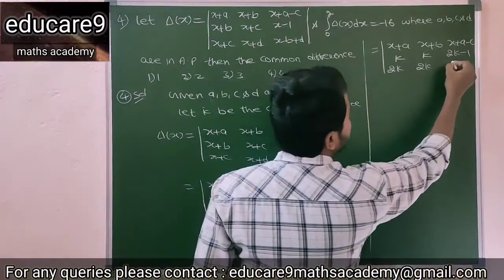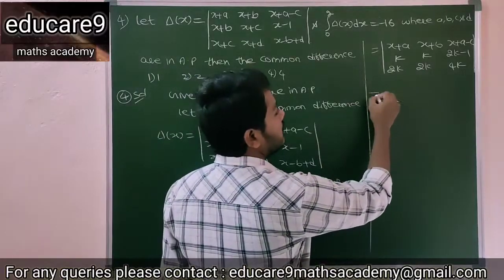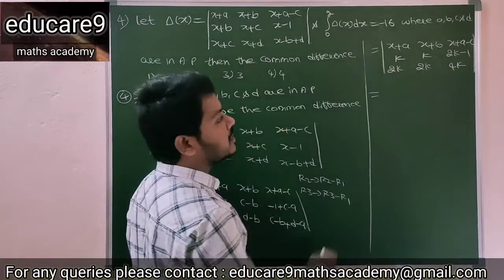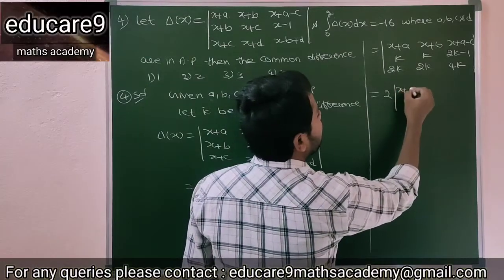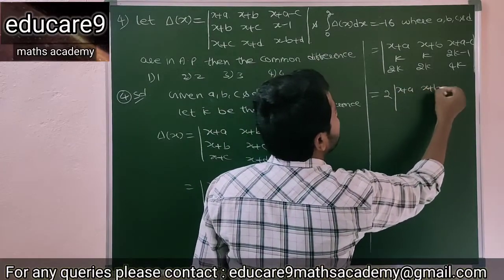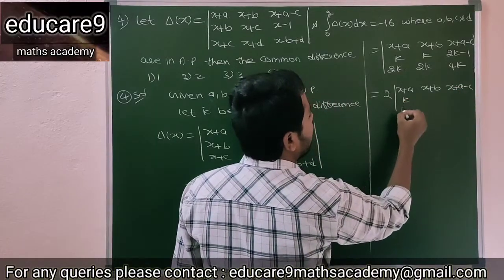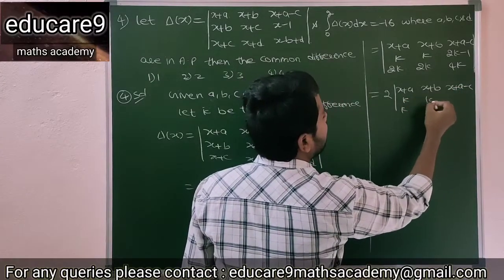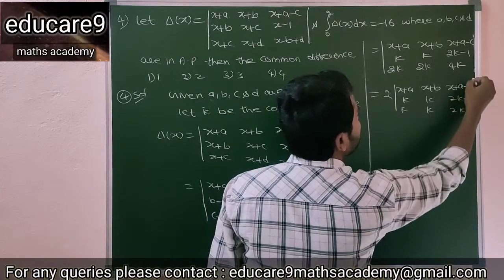So clearly this is 4k. From the last row 2 is common. So write 2 times of x plus a, x plus b, x plus a minus c. Here k, k and k, 2k minus 1, 2k.